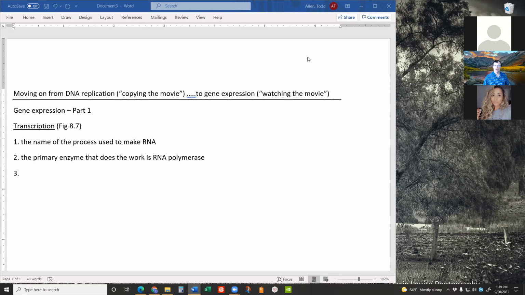Okay, so let me highlight some features of transcription that hopefully are going to come out of your study time, out of the textbook, and out of the videos that you're going to be watching here. Transcription is the name of the process used to make RNA, and that means all forms of RNA, not just messenger RNA.